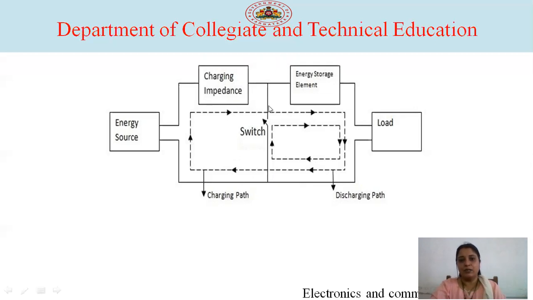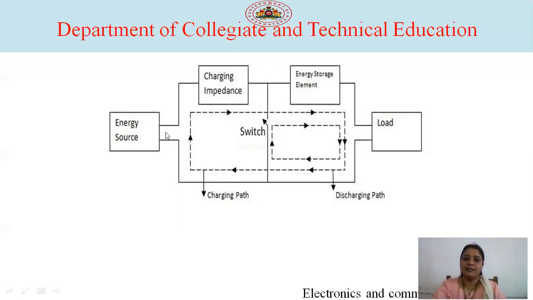Now, in this particular modulator circuit, the energy storage element continuously stores the energy from the external energy source. That is, from the external energy source, the energy is transferred to the energy storage element through the charging impedance.